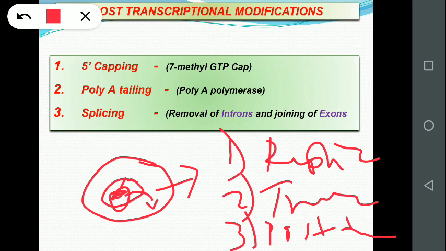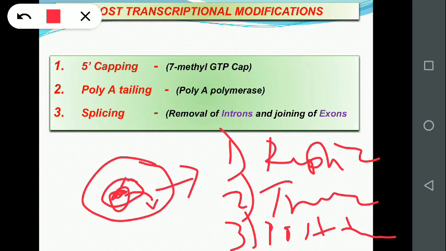The mRNA is the molecule formed from the primary transcript after post-transcriptional modifications. The primary transcript is synthesized in the transcription process, and after the modifications only, it is called mRNA.